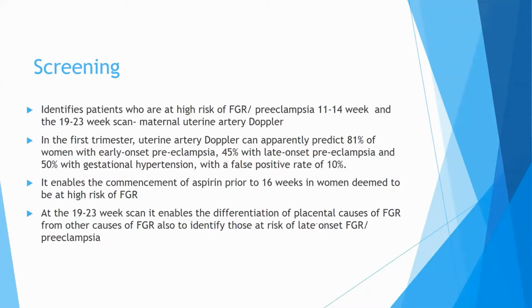But on the other hand as well, if a woman presents and she has a small baby, and we've scanned her and we've confirmed that there are no fetal abnormalities, we may be able to say there is a placental cause for the fetal growth restriction based on the fact that we see that the uterine artery Dopplers are abnormal.